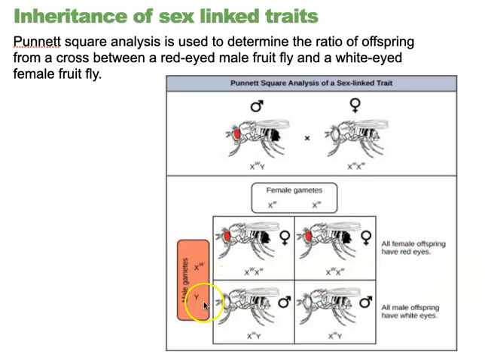If we're crossing here with an X^W Y, all female offspring have red eyes, all male offspring have white eyes. So try and do this cross on your own. Take a look at the X^w Y, X^W, X^w, lowercase w's here. What you can actually see is how it all bears itself out. So the recessive is what actually causes the white phenotype.